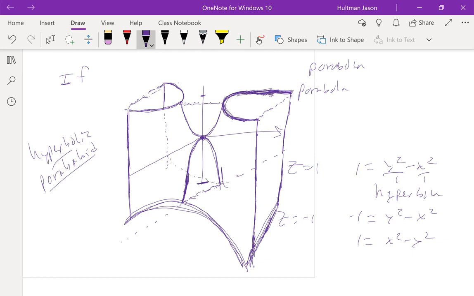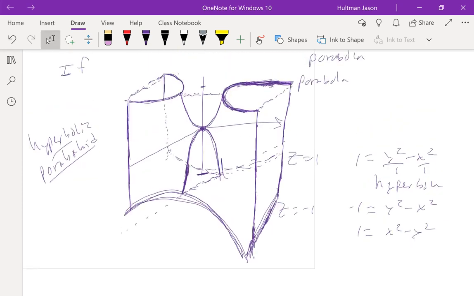It should just be something like this. I'm guessing. You should get the idea. It's all good. I think I went down too far on this side over here, but it's all good. Okay, so that's called a hyperbolic paraboloid.